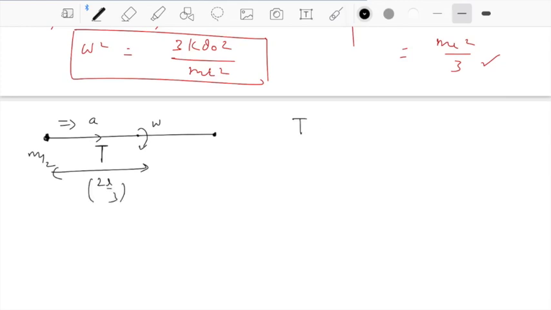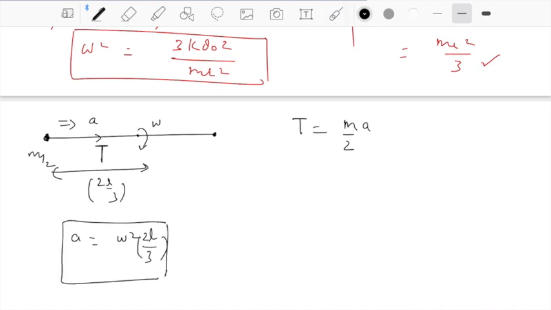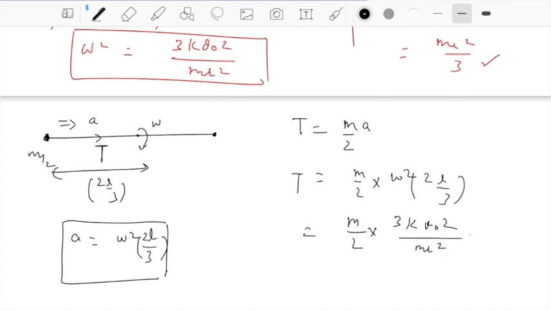Then we write T is equal to m into a, where m is m by 2, and a will be omega square times 2L by 3. So if you substitute, this is m by 2 omega square 2L by 3. Now we put the value of omega square: 3K theta naught square upon mL square into 2L by 3.